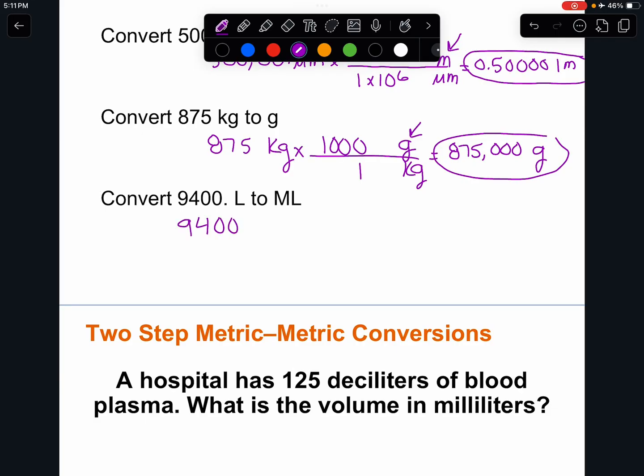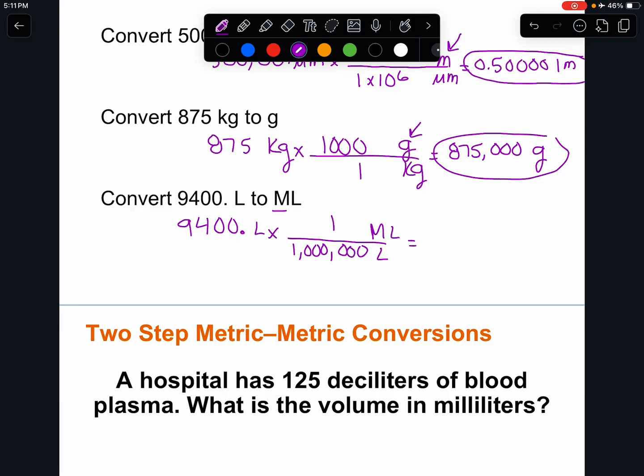I'll do one more example here. We have 9,400., and I put that decimal point to indicate that those zeros are significant. Liters, put liters, and then remember this big M is mega liters. I wanted to remind you of that. If it is a little m, it's milli, but a big M is mega. So in 1 megaliter, there are 1 million liters.